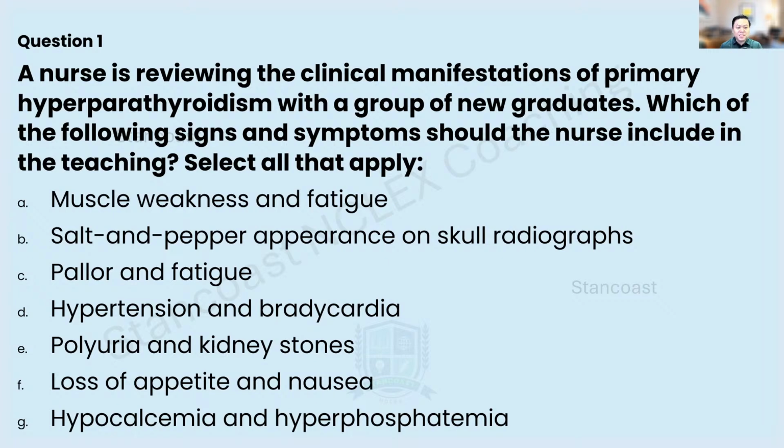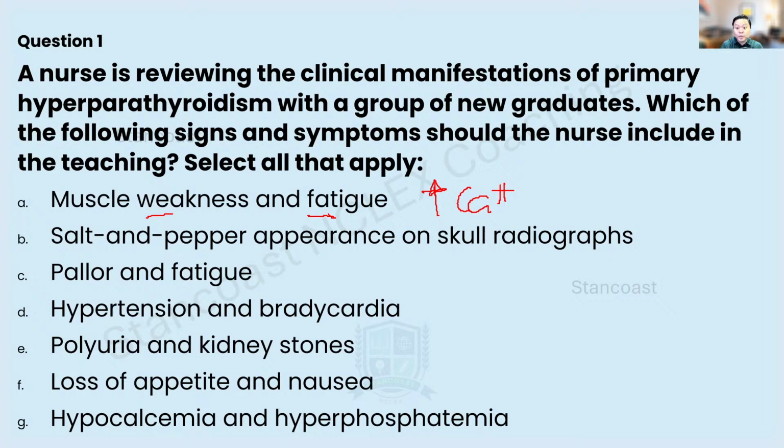Muscle weakness and fatigue are basically caused by the calcium itself, which is very high in this scenario. It is going to reduce the muscular excitability, and that is why they will have the general fatigue and the muscle weakness. There is way too much calcium in the blood.